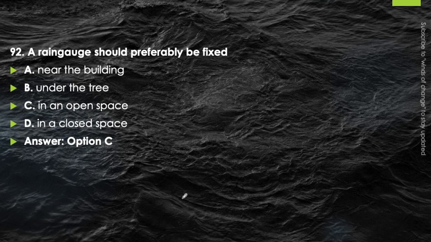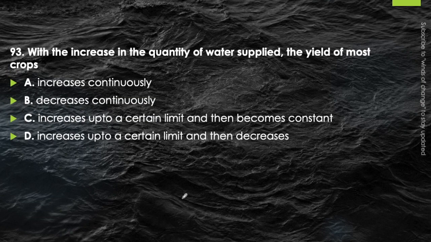Next question. With the increase in quantity of water supplied, the yield of most crops increases continuously, decreases continuously, increases up to a certain limit and then becomes constant, or increases up to a certain limit and then decreases. Just think about it. This is the question of the yield of the crops.